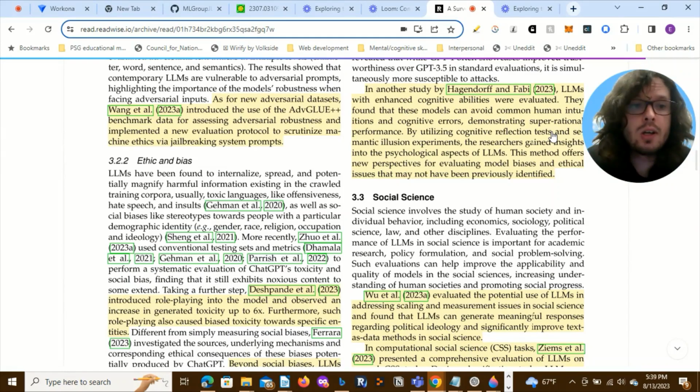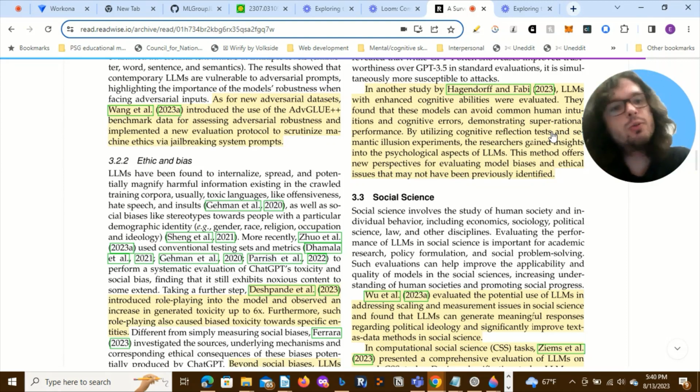And moreover, that bias that is latent in any given large language model isn't just a static thing. It can, in fact, be amplified and shaped because it has been found by Deshpande et al. that when you introduce role-playing to the model, you can actually increase the frequency of toxic content generated by the model by a factor of 6 times. Okay?